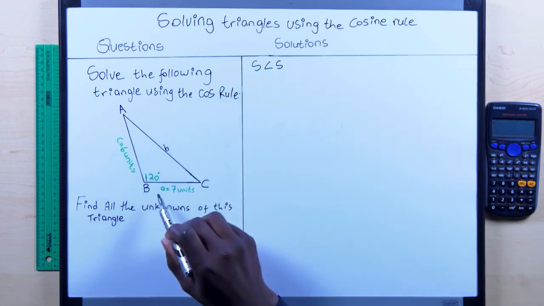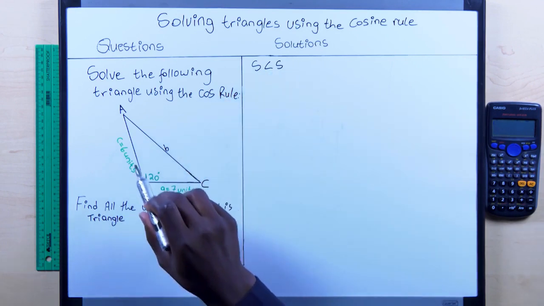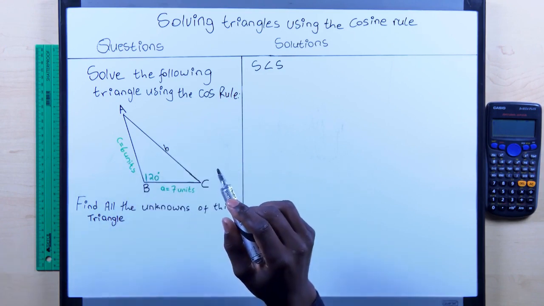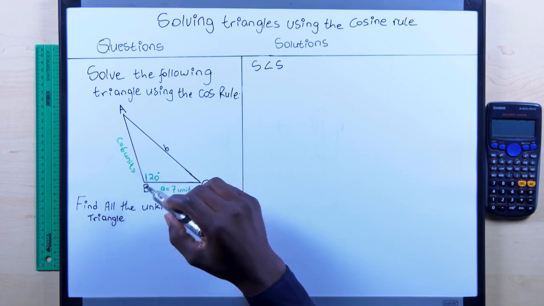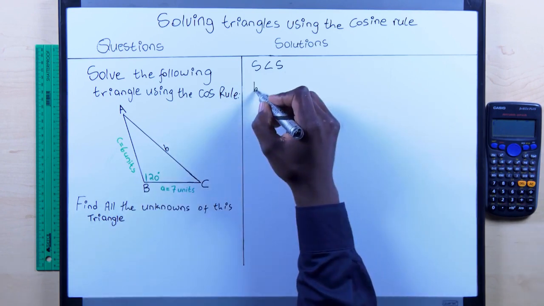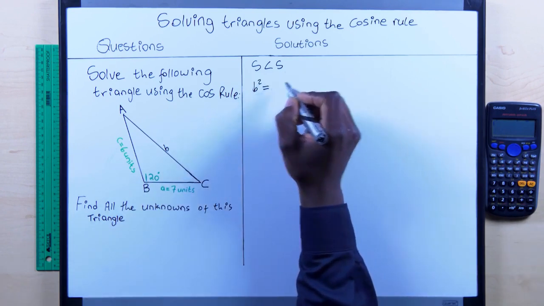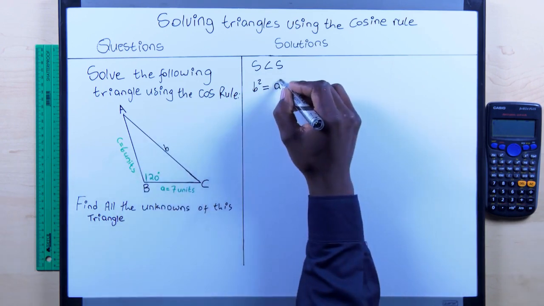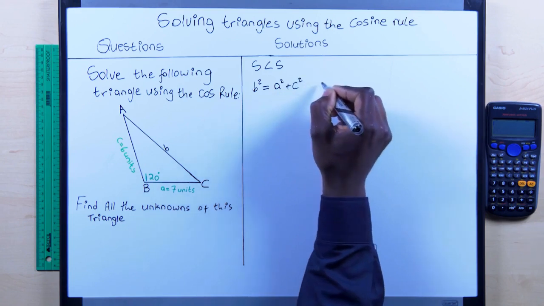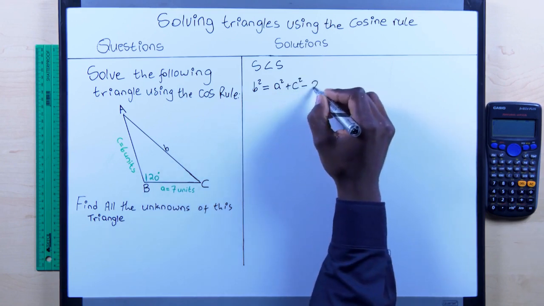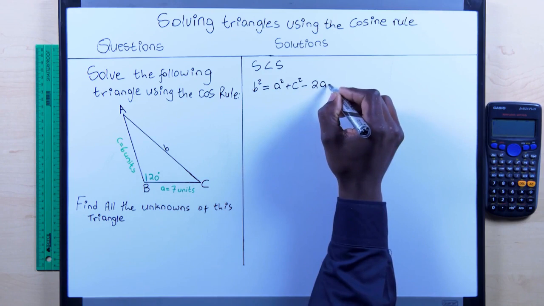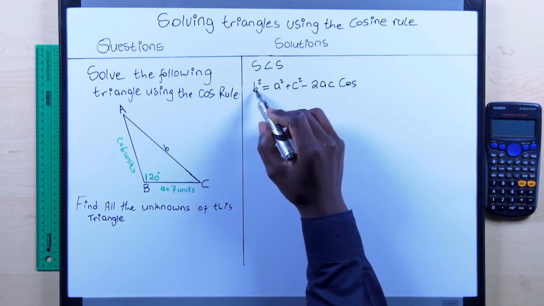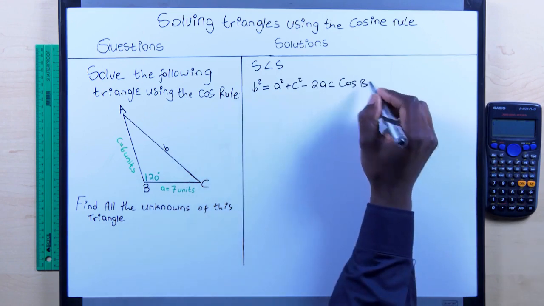Which means that you have the angle, you have the two adjacent sides, and you want the opposite side to the angle, which makes it b squared is equal to a squared plus c squared minus 2 times a times c, cosine of the angle opposite to this side, which is cosine of angle B.